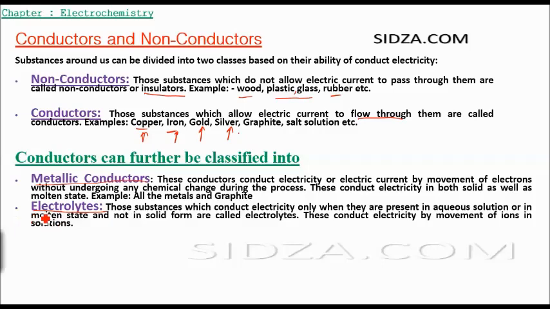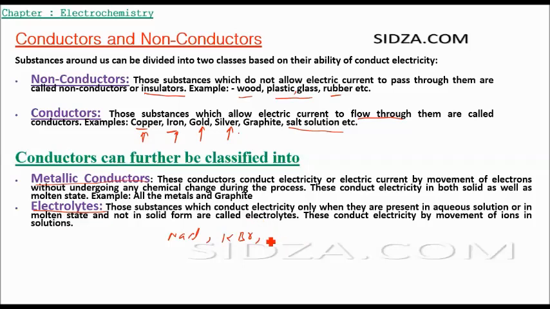However, substances like the NaCl solution, or the molten NaCl, or any salt solution, like sodium chloride solution or potassium bromide, when you take these substances in the aqueous solution or in the molten form, they conduct electricity, but when the current passes through them, there is some chemical reaction going on.